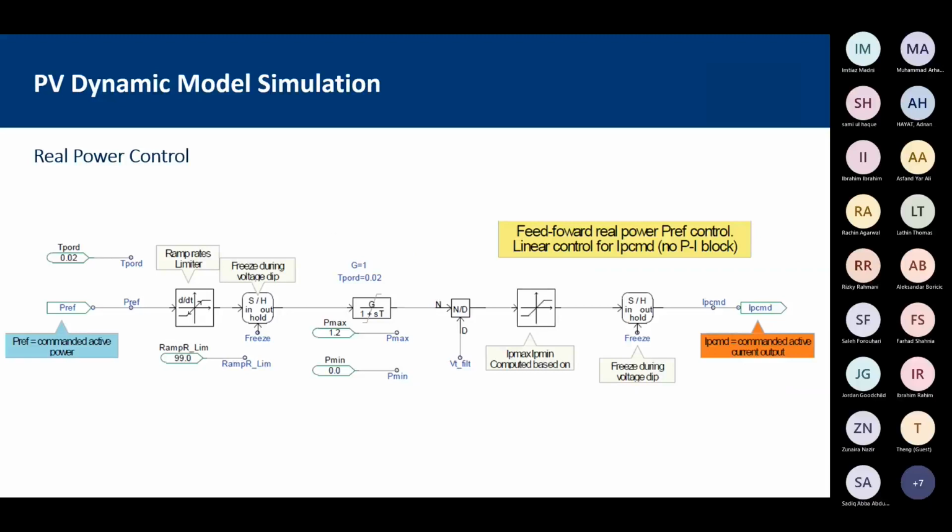And we can also do real power control. Obviously, we can define ramp rates because, again, these regulatory bodies or network operators have requirements in terms of ramp rate, because renewable energy sources are very dynamic in terms of their performance.